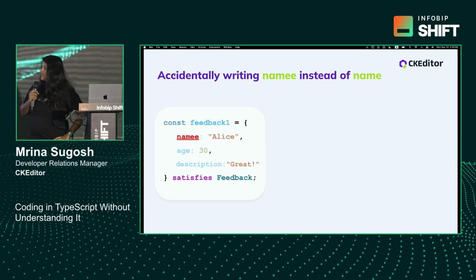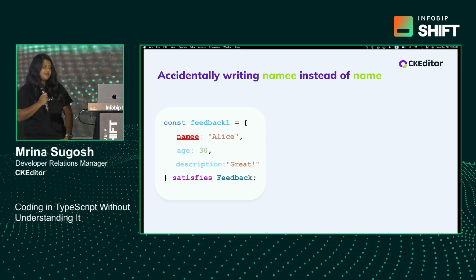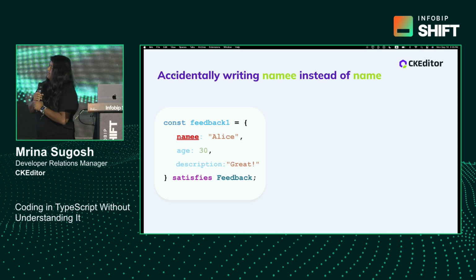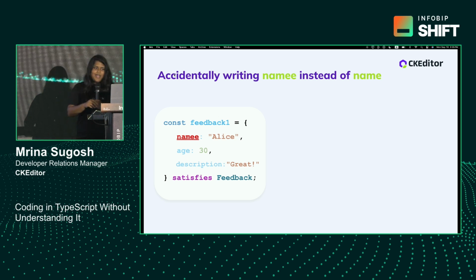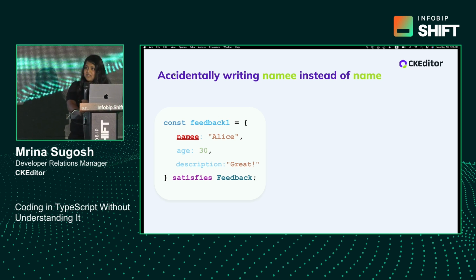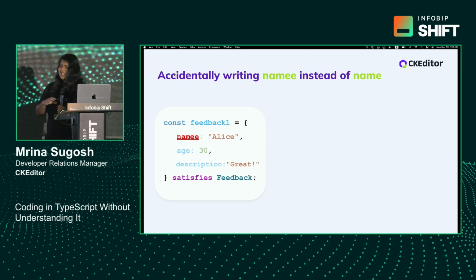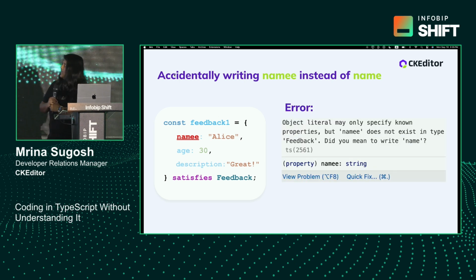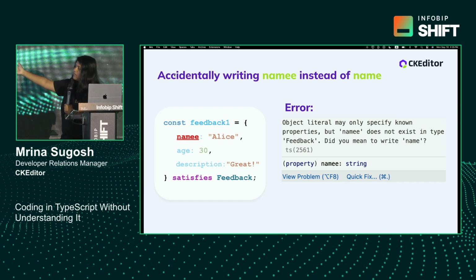All right, so I've done this several times, accidentally left my hand on that E too long, and I've ended up writing name Alice or something like that. And what happens is sometimes you might not catch this. VS Code, ESLint, or TSLint, all of those things, they'll catch these things, but because you have it in TypeScript, you can actually know that the thing that you're expecting is a type name.